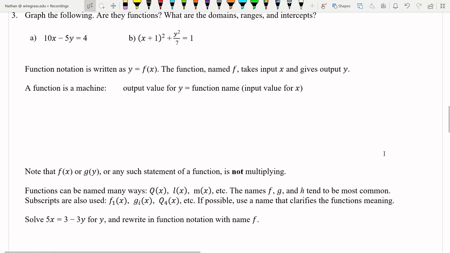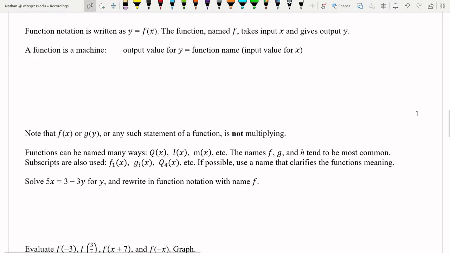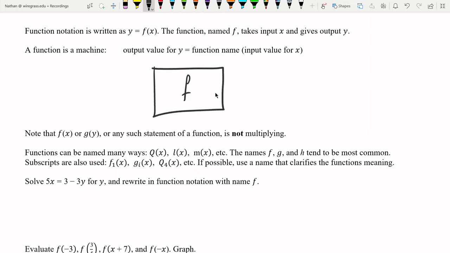So functions are special relations. We like functions because they give us one output for any one input that you have. That makes a function kind of a machine. Really, we have some kind of behavior, whatever the function does to your input. Think of a black box where something goes into it.